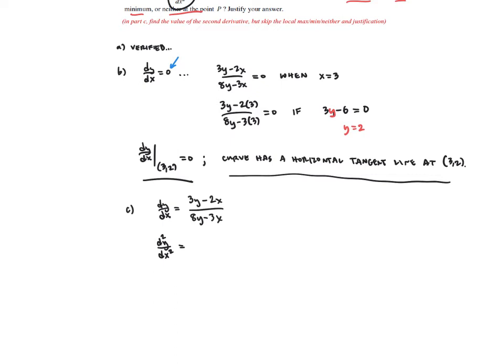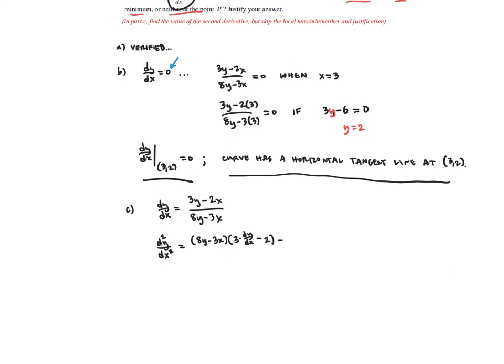Now I've got some work to do here using the quotient rule. I'm going to take low d high, so that'll be 8y minus 3x, which is low, times the derivative of the high function. Well, that'll be the derivative of 3y, which is 3 dy/dx, minus the derivative of 2x, which is 2.